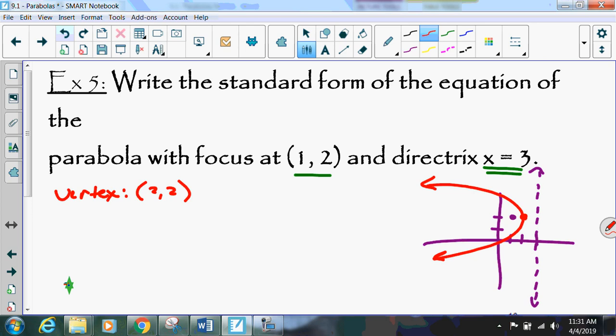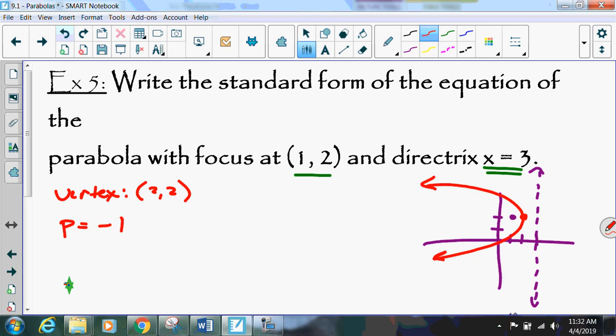Okay, so we're going to include in our distance that it is 1, but it's also 1 to the left. So we're going to include direction in there. So P is going to be -1.